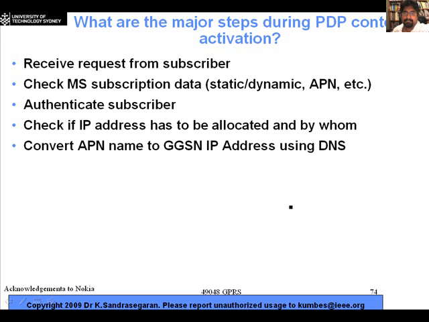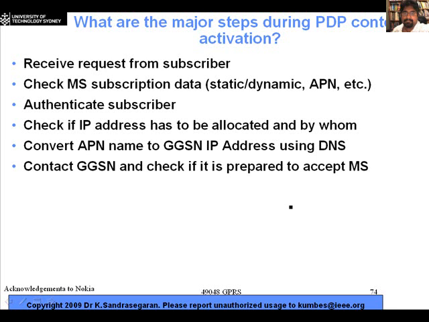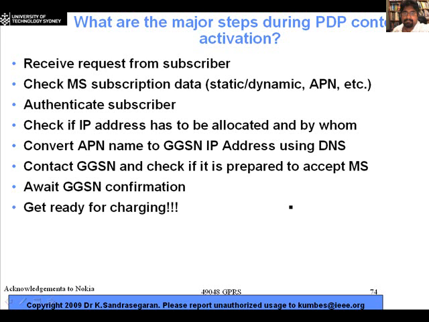Then once it knows where the IP address has to be allocated, the first thing that it does is it goes to the DNS, and the DNS then takes the access point name and converts it to the GGSN IP address, and then it goes to that GGSN and checks if it is prepared to accept this particular PDP context activation from this mobile subscriber, and it waits for a confirmation from the GGSN.